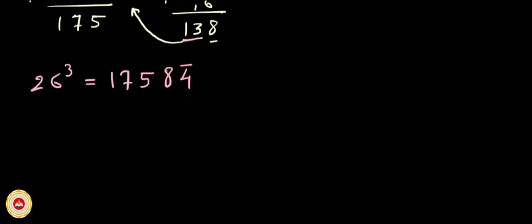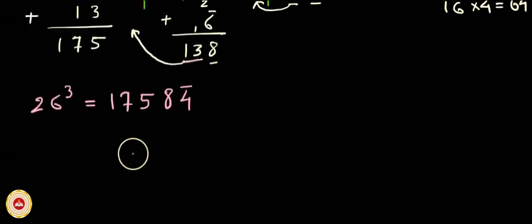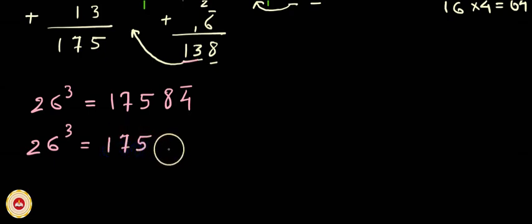Now friends, we have got our answer in the form of a vinculum number. So let us convert this into a normal number. So 26 cubed is 175 as it is. Now ekanunena purvena, lessen this 8 by 1. Why this 8?